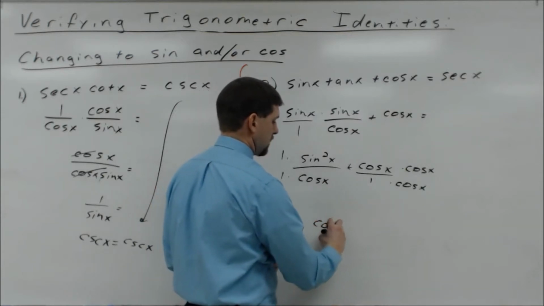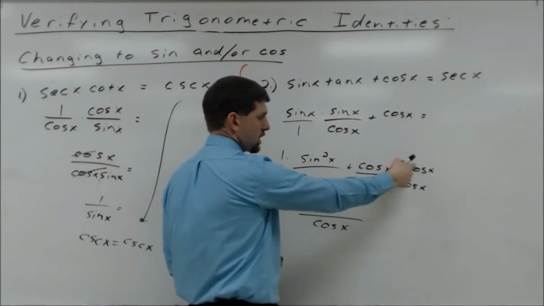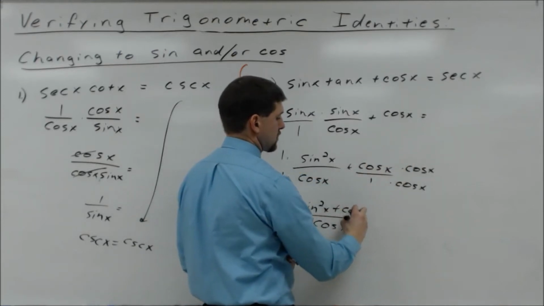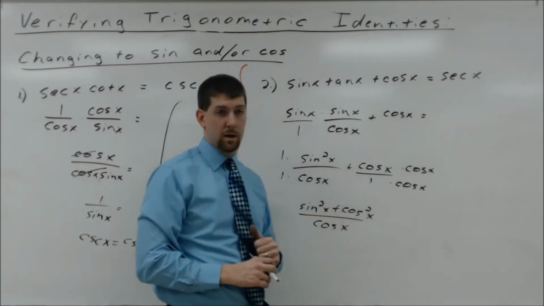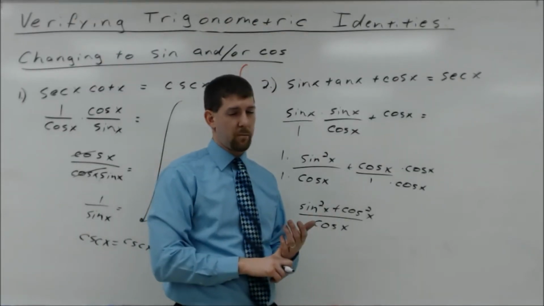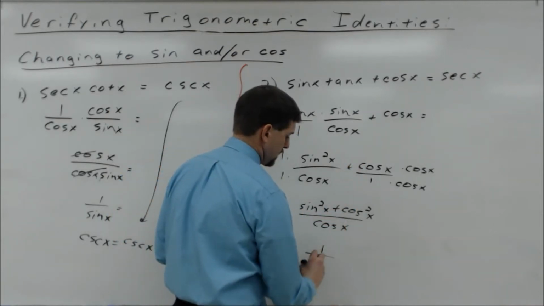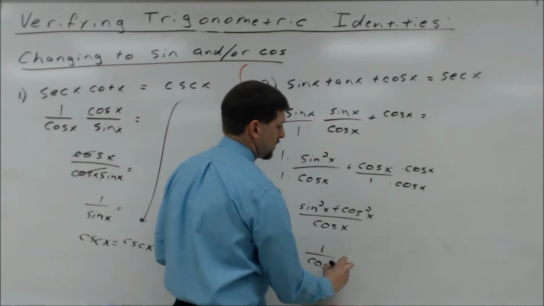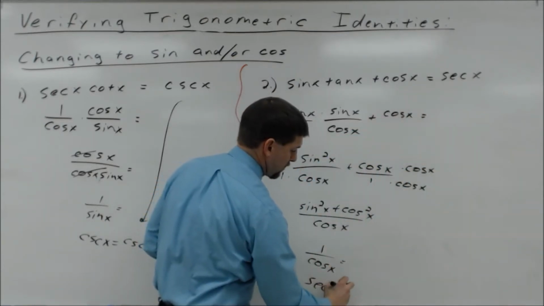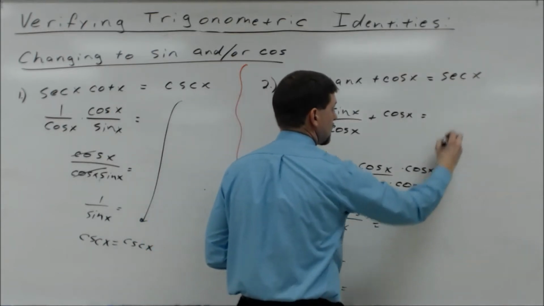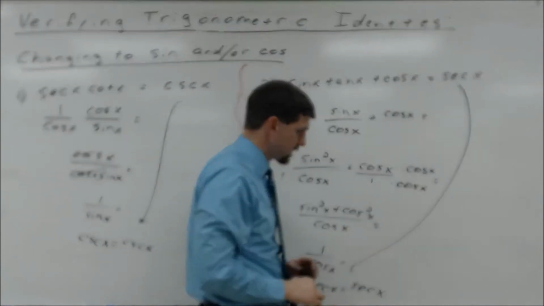Keep your denominator, combine your numerator: sine squared x plus cosine times cosine is cosine squared x. And then sine squared plus cosine squared, because of our Pythagorean identity, we know is equivalent to 1. So it's 1 over cosine of x. And we're trying to get the secant of x, which by the reciprocal identity, 1 over cosine of x equals secant of x.